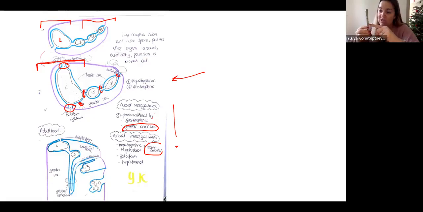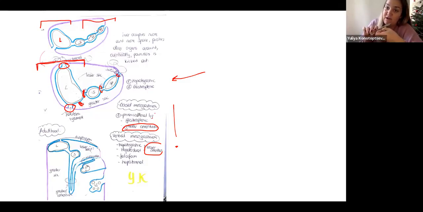So it literally goes like a balloon downwards. Your stomach lies down, so does the dorsal mesogastrium, and it goes downwards like a fold.